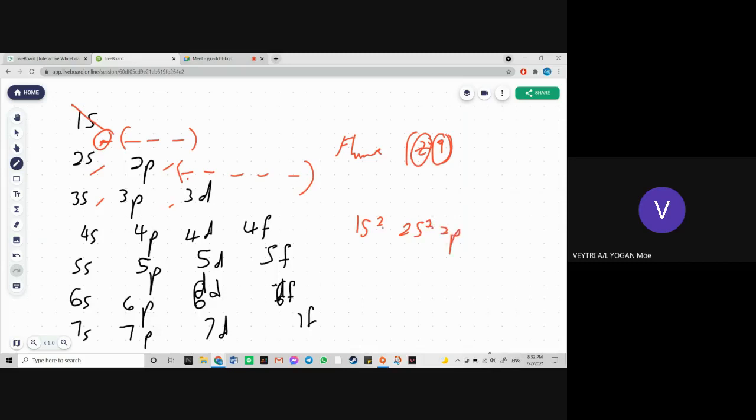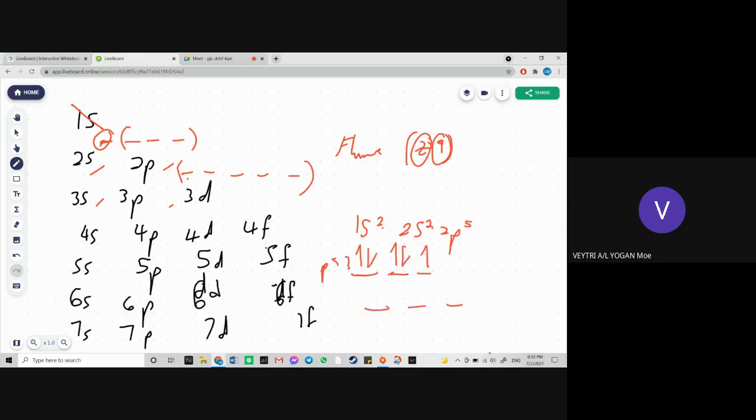So for 2p, what is the remaining? 5. Why is 2p5 accepted? Because p has 3 orbitals, 1, 2, 3, and each orbital, as you know very well, can fill in 2 electrons. So it'll be 1, 2, 3, 4, 5. That is how we draw it.